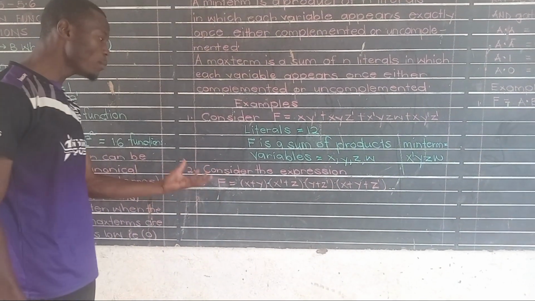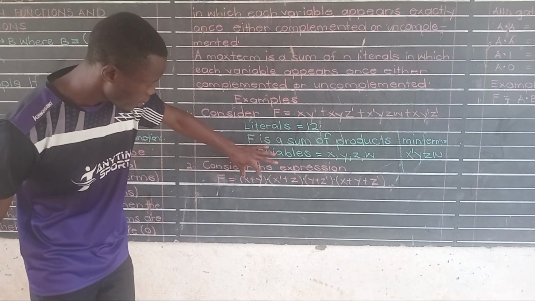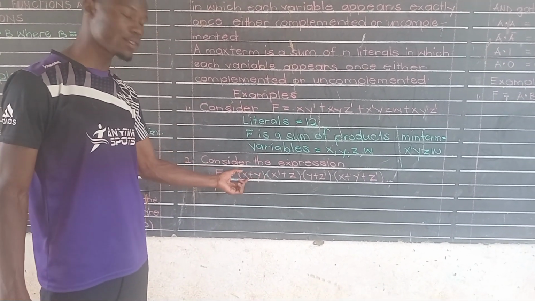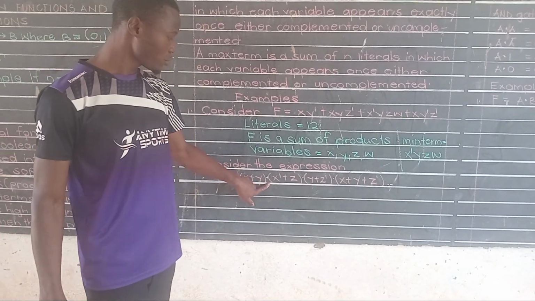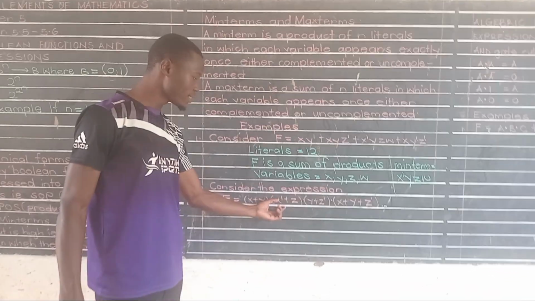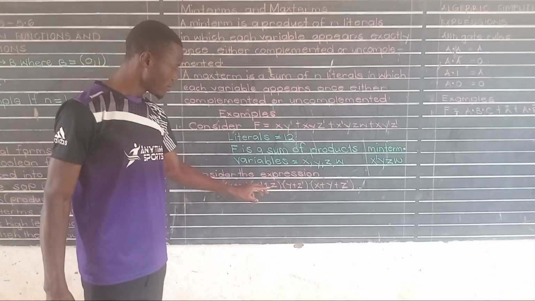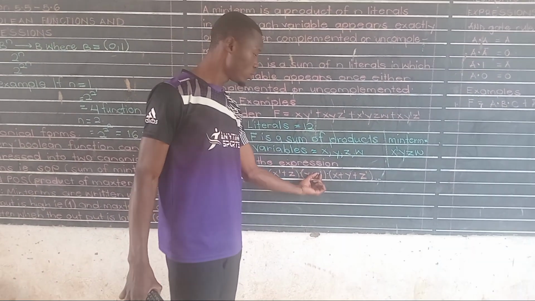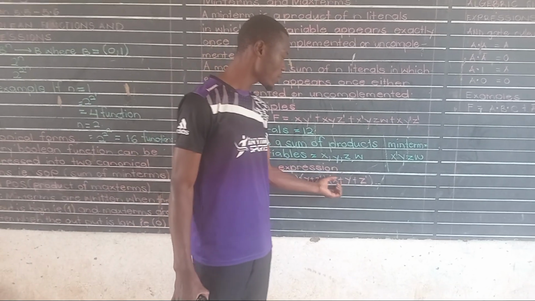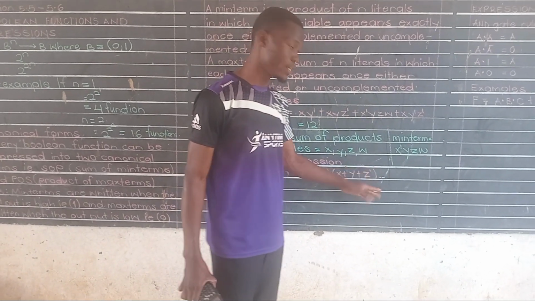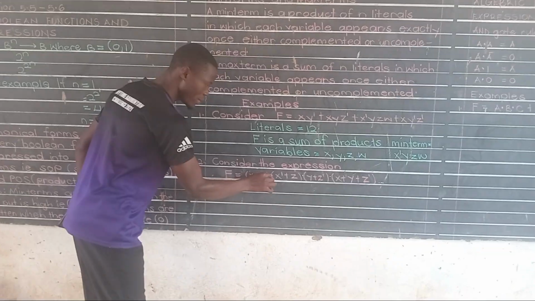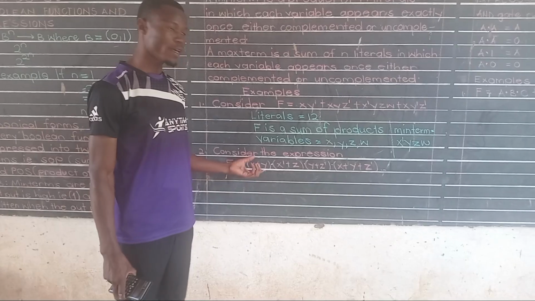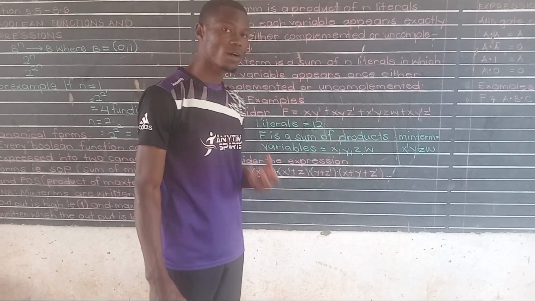This first term is a sum because this is x plus y. There is a multiplication symbol here, and this is another term, not x or z. A multiplication symbol, this is y or not z. A multiplication symbol, this is x or y or not z.